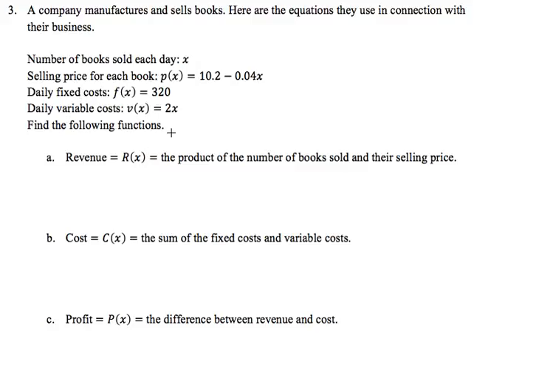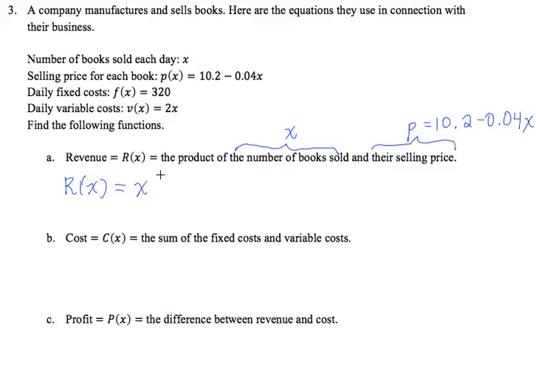Revenue, and I explained it to you, that's the product of the number of books sold and their selling price. Well, the number of books sold, that's X, and their selling price is P, which is equal to 10.2 minus 0.04x. So when we multiply those together to get a revenue function, that's how much money we're bringing in, right?